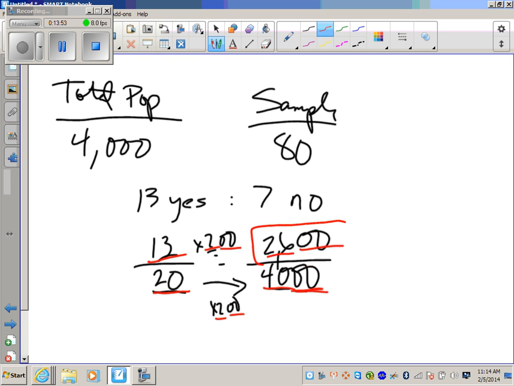However you get this is okay. Did you not see a relationship from 20 to 4,000? What did you do? Did you multiply 4,000 times 13? Because you could have. You could have done that and then divided by what? 20. You would still get the same answer if you do everything correctly. See, when you're finding this missing number, and you've got basically 2 fractions or 2 ratios, however you want to look at them, there's more than one way to do it.